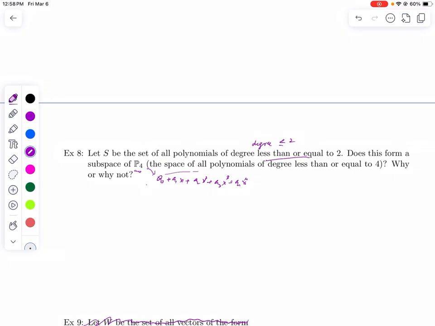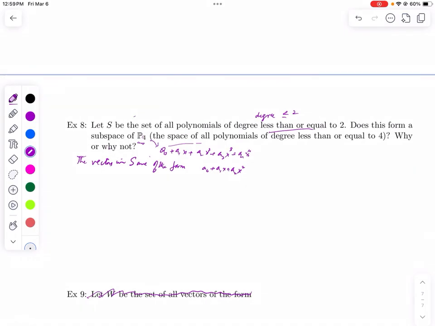But in P2, or this set S, the vectors in S are of the form a0 plus a1x plus a2x squared at maximum.